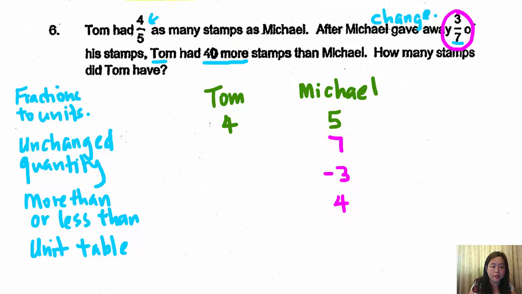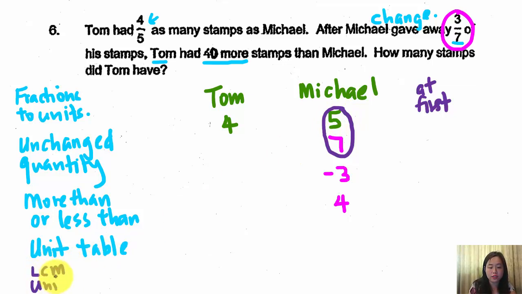Take note that these two numbers actually refer to the same quantity, which is the number of stamps Michael had at first. They represent the same quantity. So we will make them the same using the concept of LCM and also units manipulation.